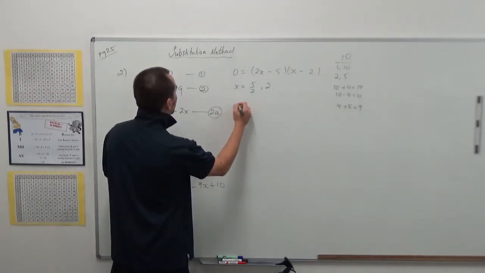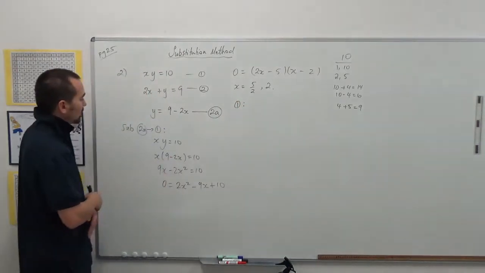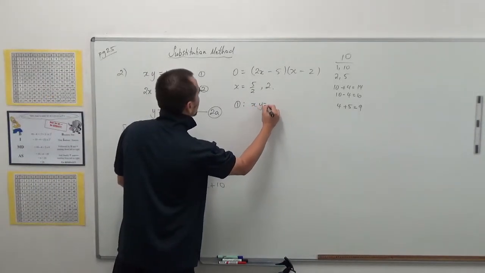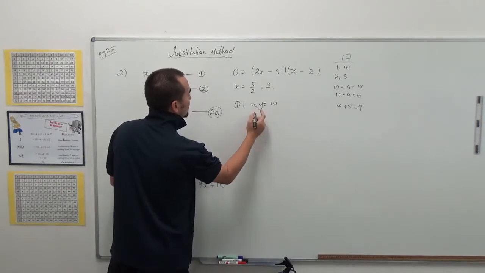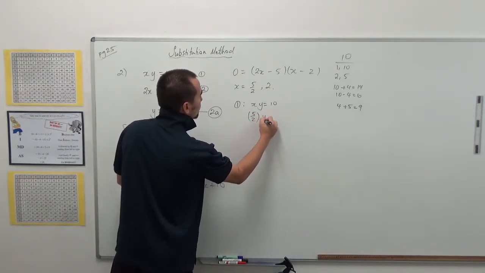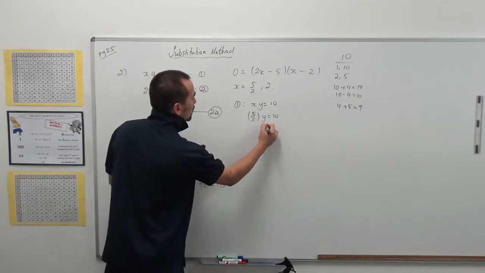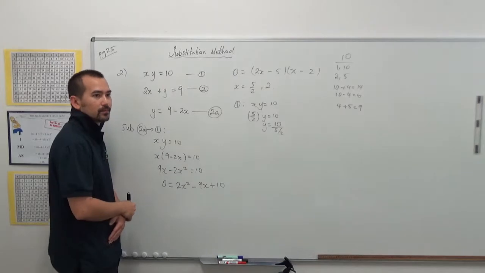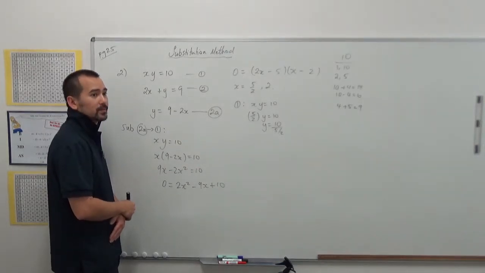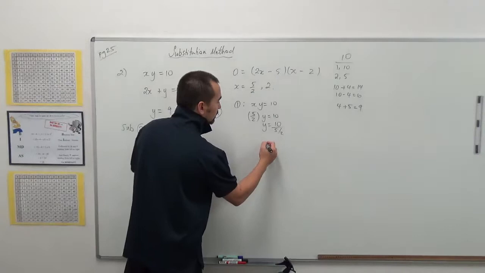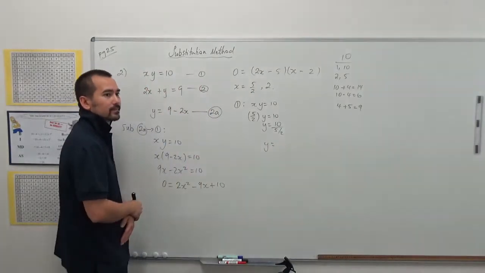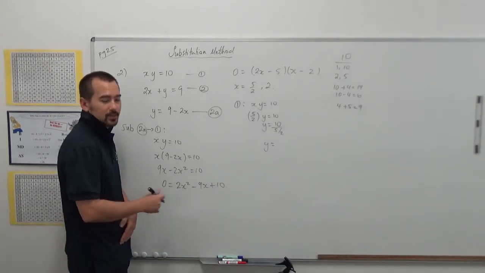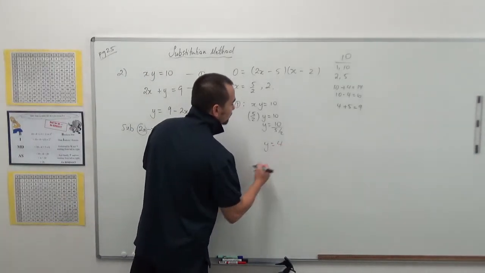Let's solve for the, using equation 1, let's solve the first y component. So x times y is equal to 10 when x is 5 over 2, so 5 over 2 times y we get 10, so y is equal to 10 divided by 5 over 2, which comes to how much? 4, that's right.